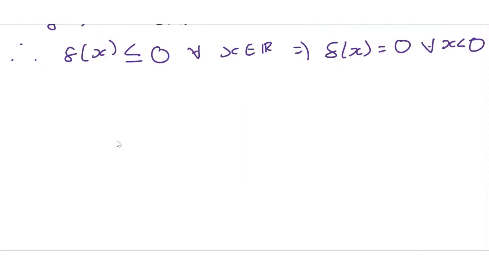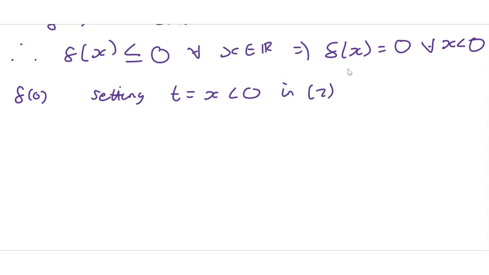The only thing left to consider is the case when x is equal to 0, so we're looking at f of 0 and we're going to set t is equal to x less than 0. Okay, and setting that into inequality 2, which gives us that 0 is less than or equal to 0 minus 0 plus f of 0.